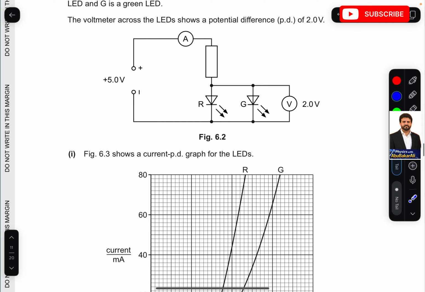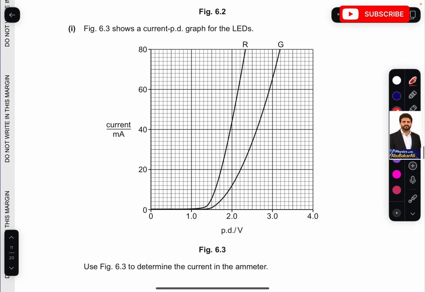Okay, so if you see, the total current is coming from here. It will be divided. Some of it will go from here, let's call I1. Some of it will go there, let's call I2. So I can say the current in the ammeter is equal to the sum of I1 plus I2 when the voltage is 2. They both have the 2 volts. So I have to see when they have 2 volts, what currents they have.